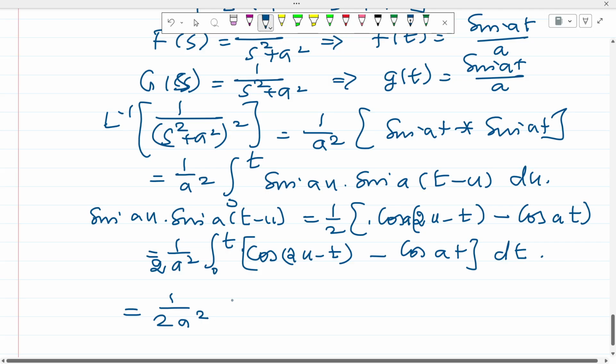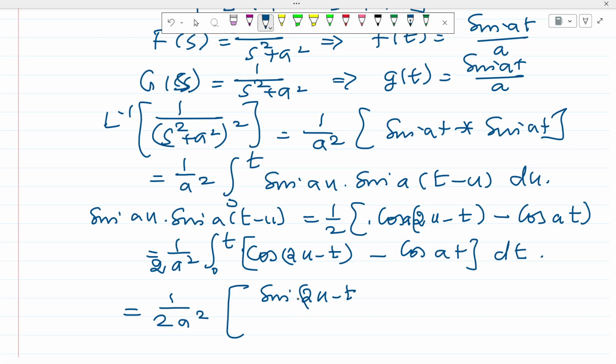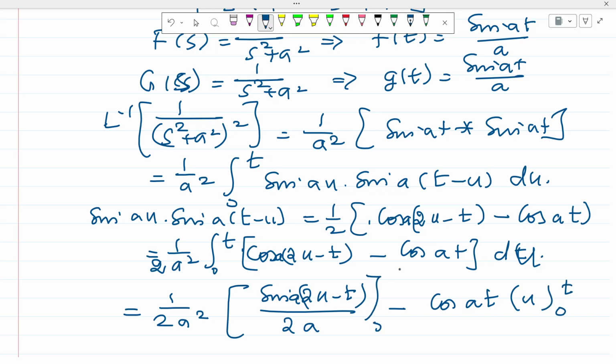Sin, na? Sin a into 2u minus t, divided by 2a, a should be there outside, minus cos at, here you have to write u, it is du, u from 0 to t, here also from 0 to t.